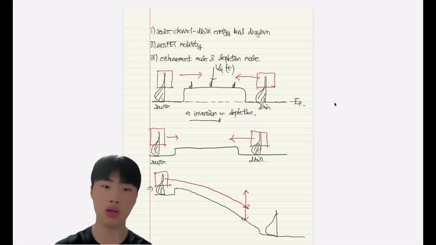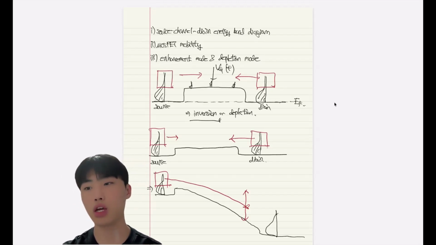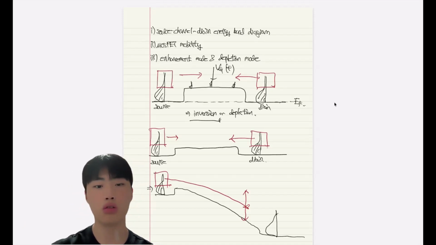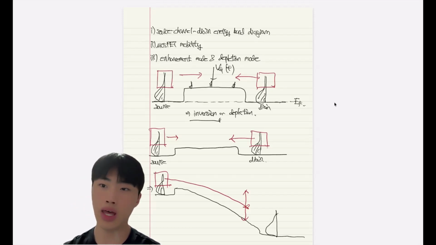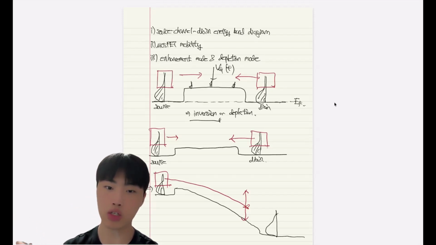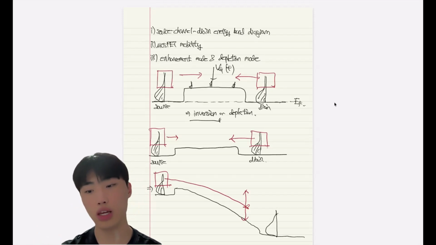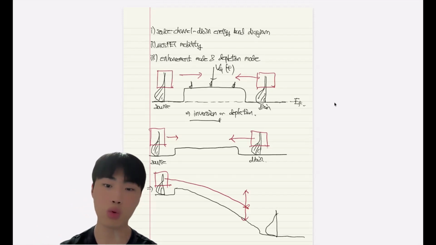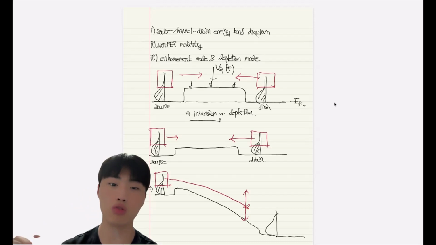So there is carrier transport from source to drain, but not from drain to source. This is the NMOS. The electrons move from source to drain, but the current direction is opposite to the electron direction, so the current will flow from drain to source.